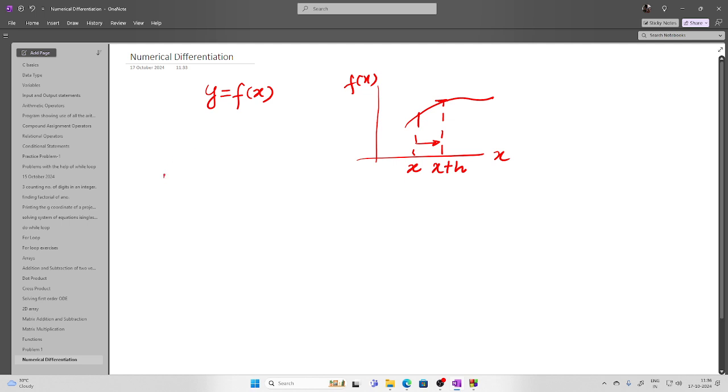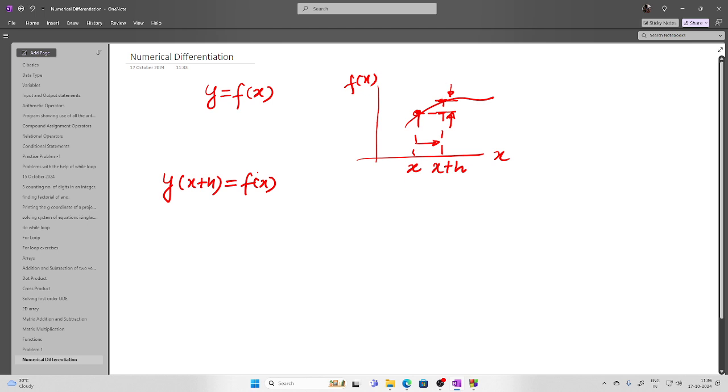The first thing is the lazy man approach. You can simply say the function value at x plus h is nothing but the value at x only. That's it. But you can see that you are very much lagging behind the exact value.